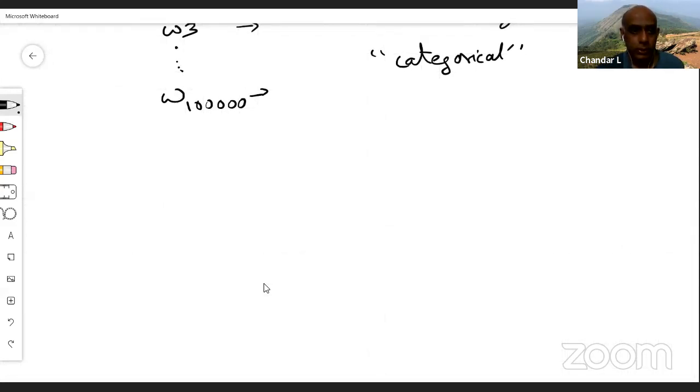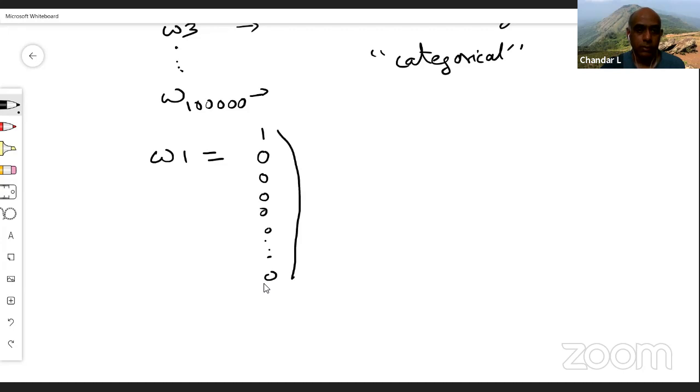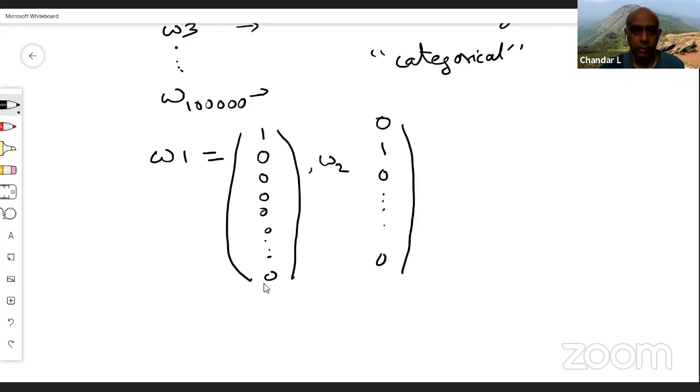What you mean by that is you say W1 is the vector which is 1 only at the first position. So you treat it as a 100,000-dimensional vector, and you say that W1 is this. And what is W2? Obviously, it is going to be 1 at the second position and zeros everywhere else. So again, it's a 100,000-dimensional vector.